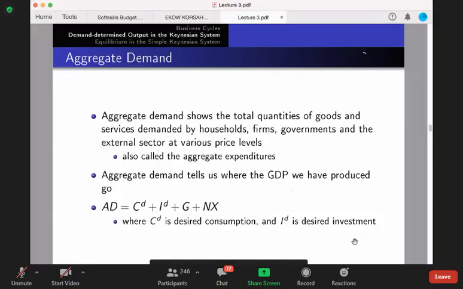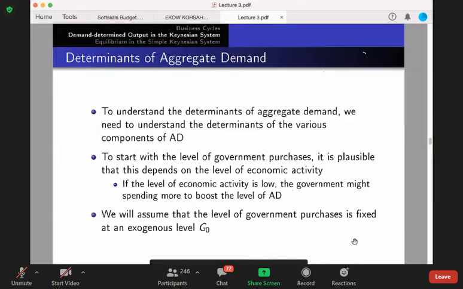So that is what this slide is saying: if we want to increase the level of economic activity, all we need to do is increase G. Back to what we were talking about some weeks ago, an example of an increase in government purchases is to spend a lot on your military, like the US does.